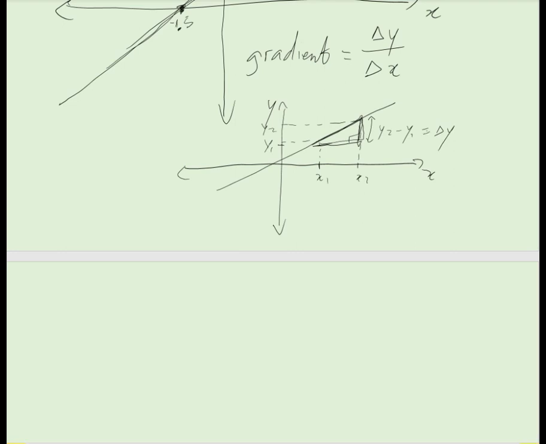And this horizontal distance is x2 minus x1, which is the change in x. Why this is nice is because we can pick any two x values across this entire line. This line can go on for very far, and that tells us the rate at which y is changing with respect to x.